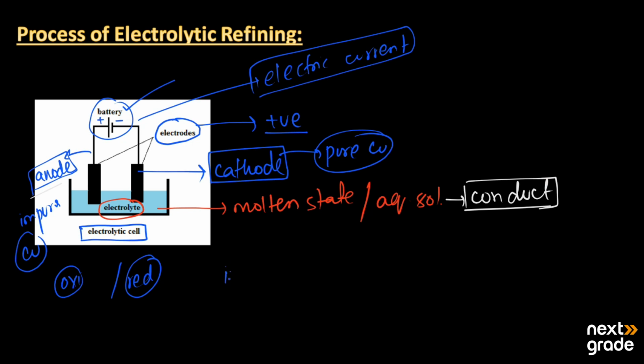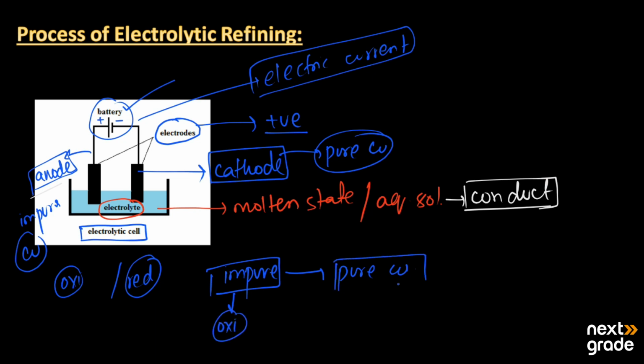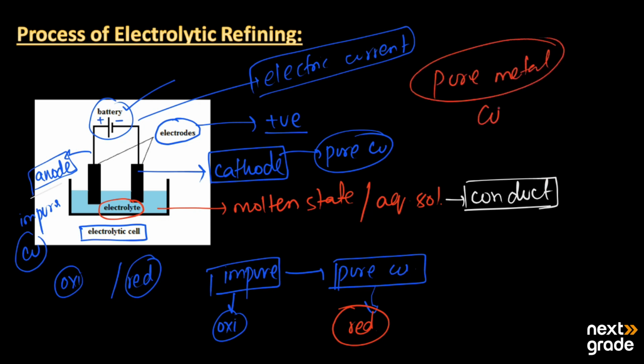Then the impure copper is converted into pure copper. The copper in the impure form undergoes oxidation, while at the pure copper, reduction takes place. In this way we gain the pure metal, for example copper that is 100% pure.